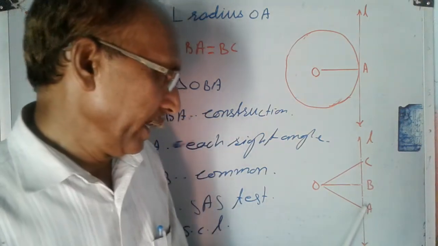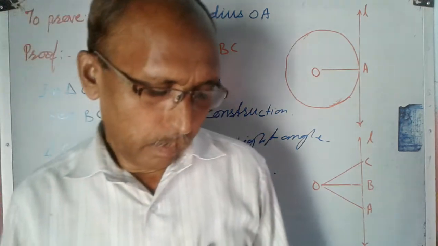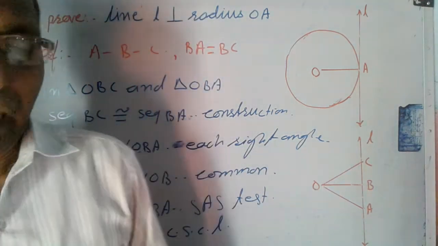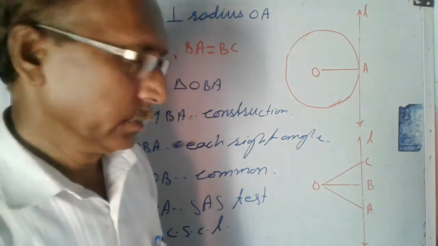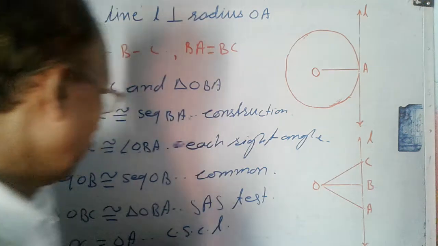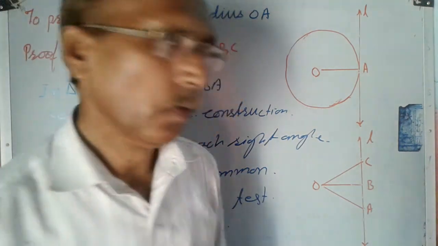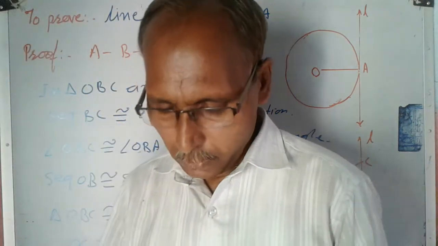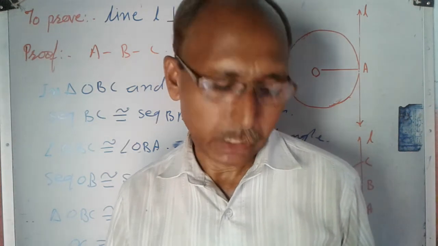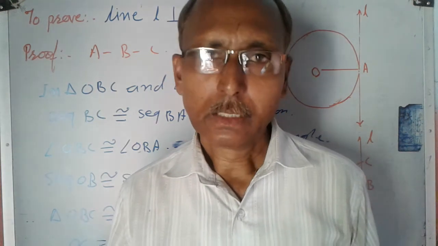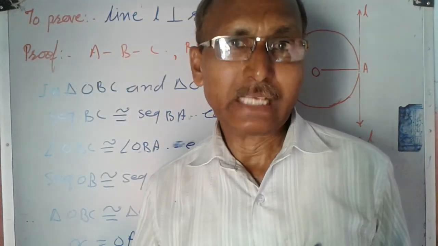Point A is on the circle and OA is a radius. And OA and OC are equal, therefore point C is also on the circle, since segment OC must be a radius.